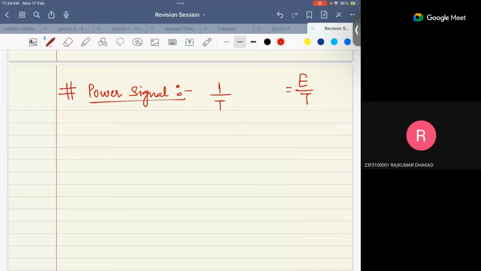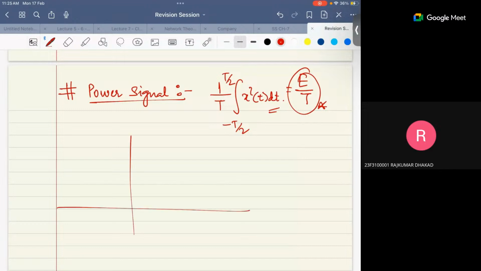Yeah, this is the correct way. Or you calculate it with the formula from minus T by 2 to T by 2, whatever the time period has been given, x square dt. Okay, so this formula will work everywhere. For example, a signal has been given. This is 1, this is 2, and again it is getting repeated.